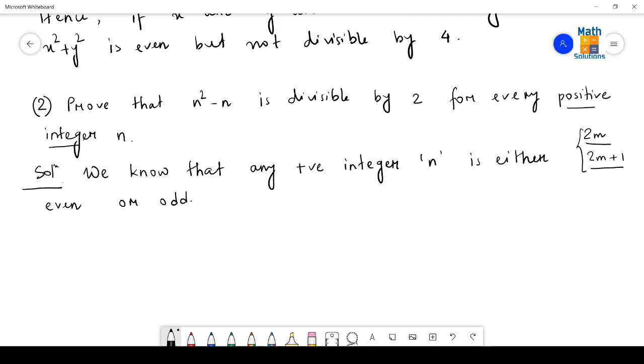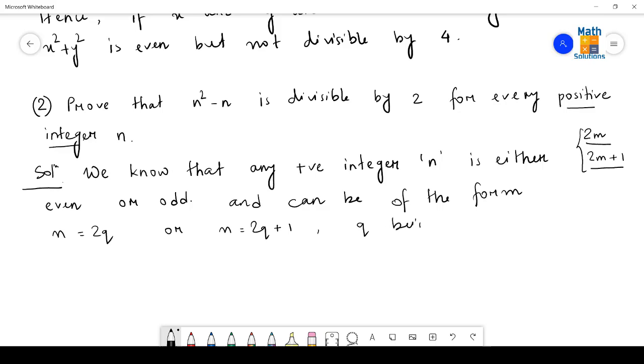We know that any positive integer n is either even or odd and can be of the form n is equal to 2q, or n is equal to 2q plus 1, q being any positive integer.